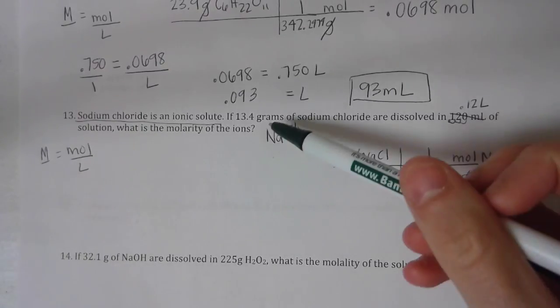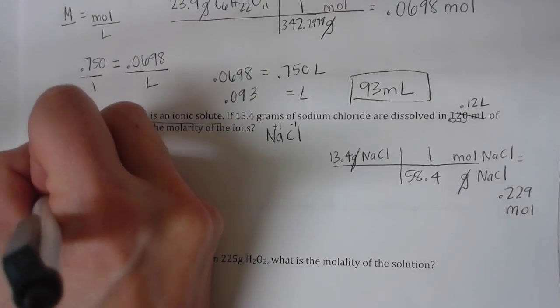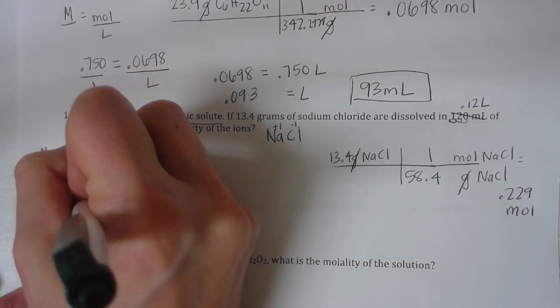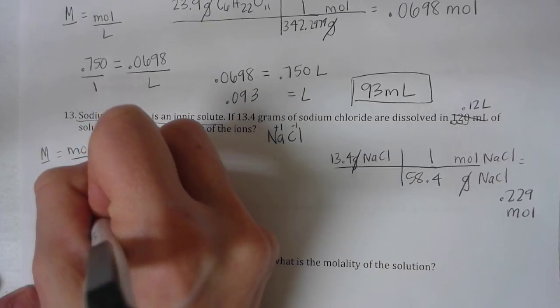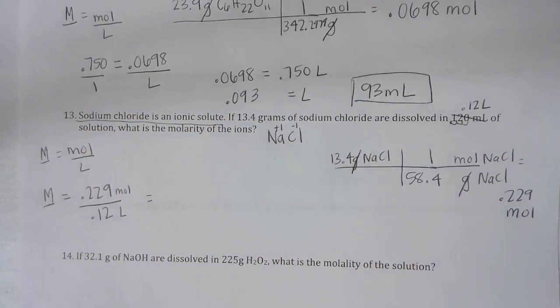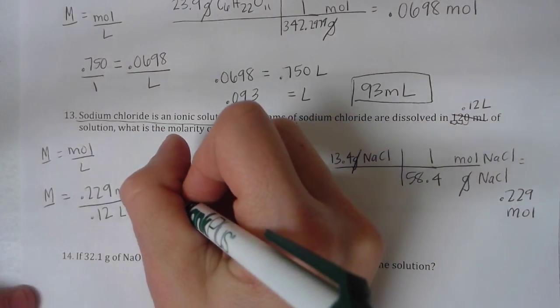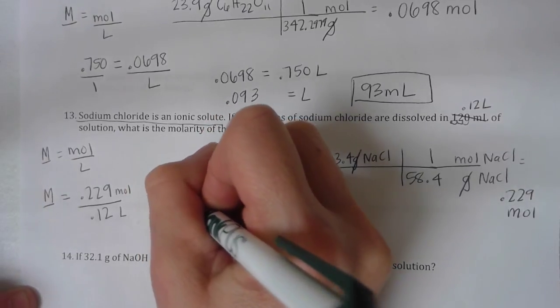So now I have moles, and I changed my grams to moles. So I have moles and I have liters. So I'll just plug that in. So that's 0.229 divided by 0.12. If we do that, you should get 1.912.